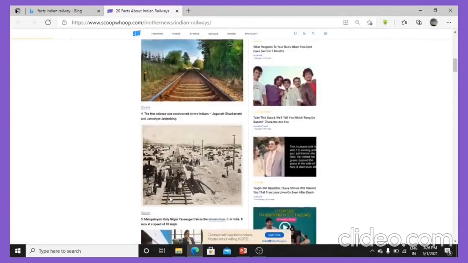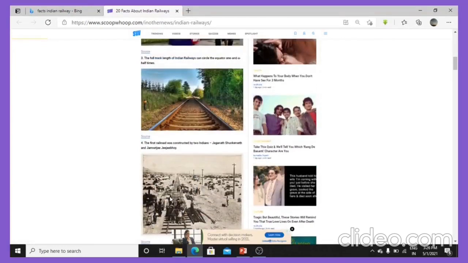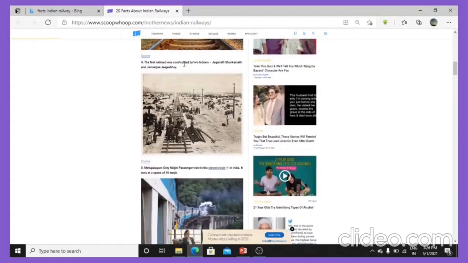And let's go a few further. The third is the full track length: if we connected our railways rail track and circled it around the earth, it will cover the complete earth 1.5 times.